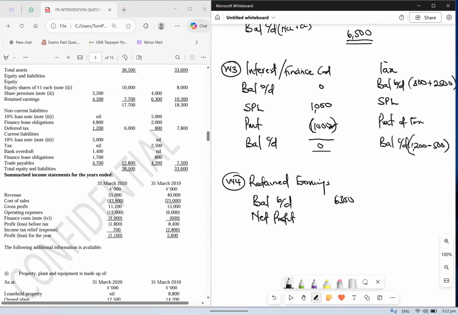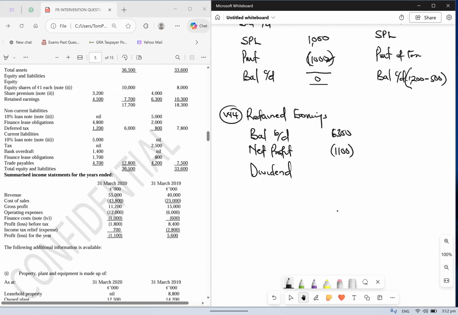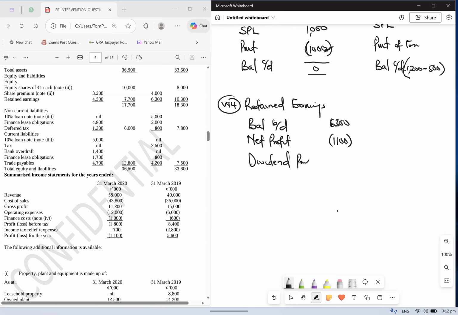And the net profit, where is it? This is it. Profit for the year or loss for the year. This is a loss, so 1,001 is a loss. But it will decrease further if we pay dividends. So let's see if there was dividend payments and we have our balance carried down. What is the balance carried down on the retained earnings?